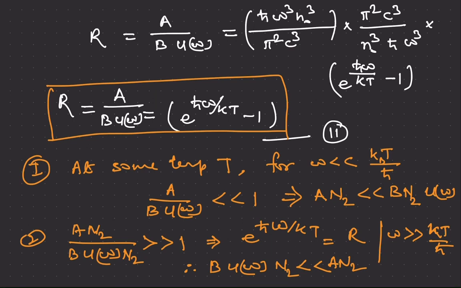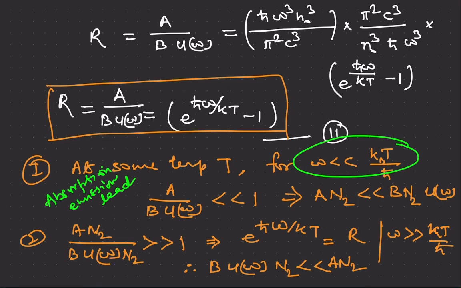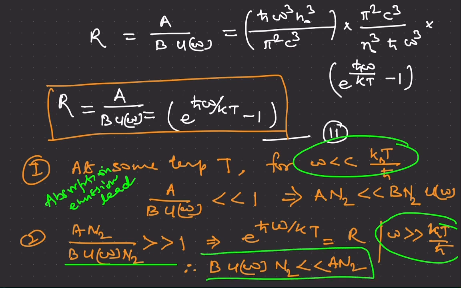So we see that for the condition omega less than kT by h cross, absorption and stimulated emission dominate, and when omega is greater than kT by h cross, this ratio will be greater than 1, and therefore spontaneous emission dominates.